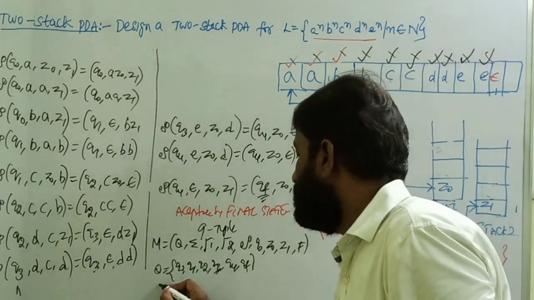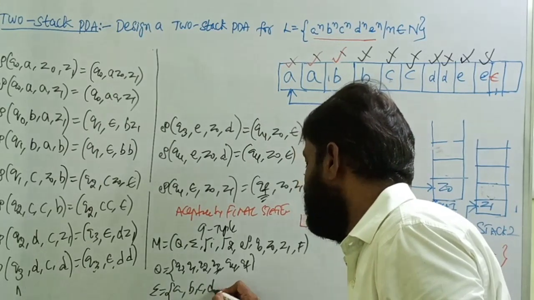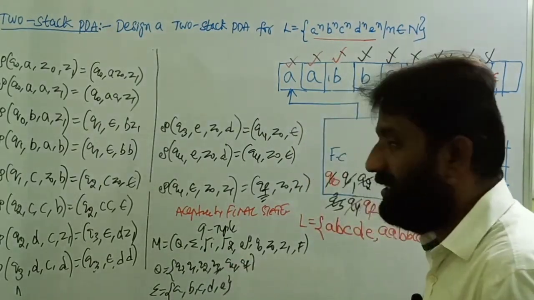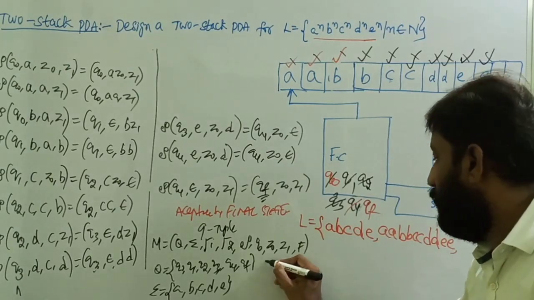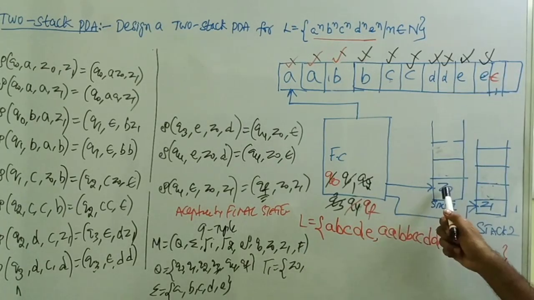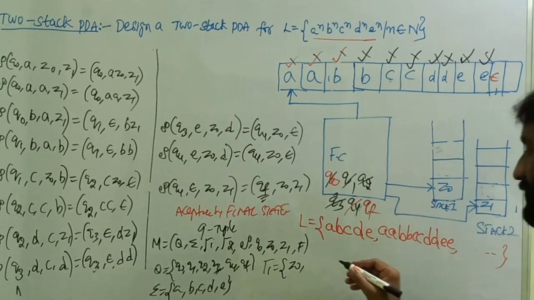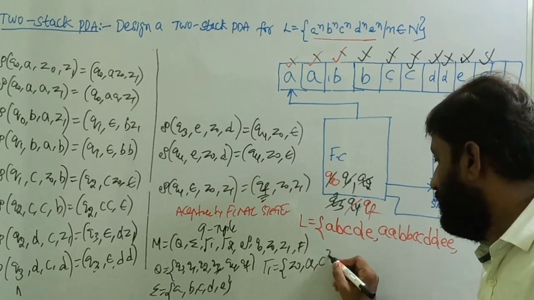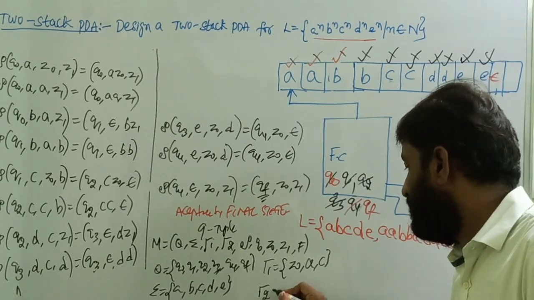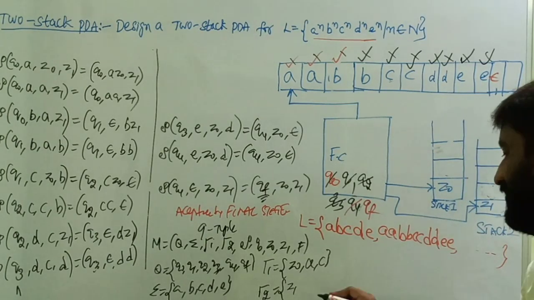Then sigma equals to input alphabet A, comma, B, comma, C, comma, D, comma, E. Then stack 1 alphabet equals to Z0. Then what are the symbols we placed in this? A and C. Then stack 2 alphabet is Z1. We placed B and D.